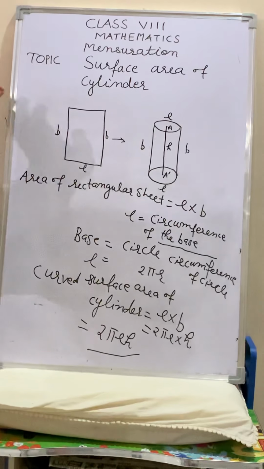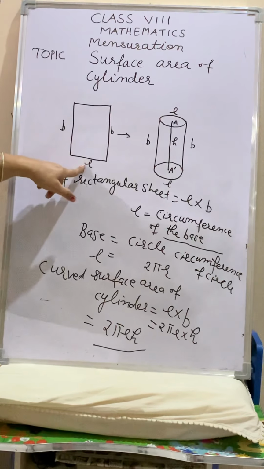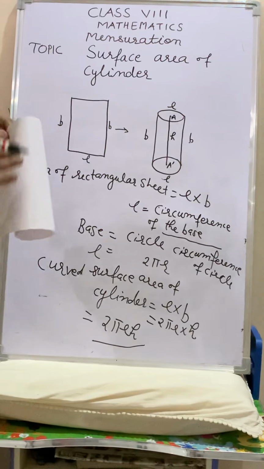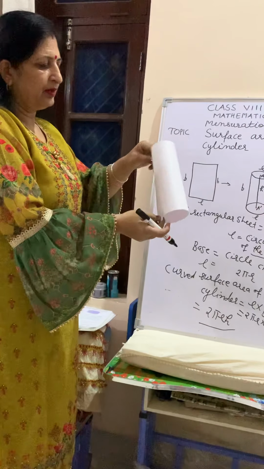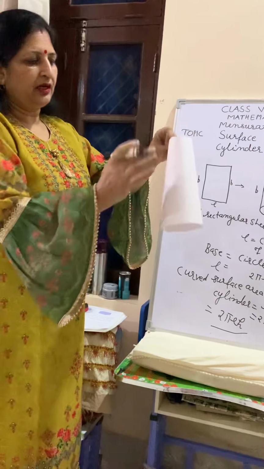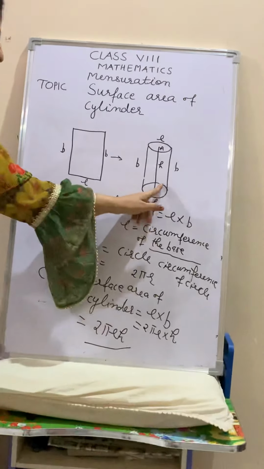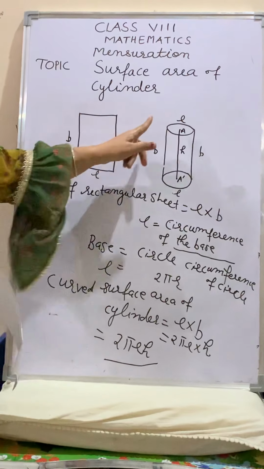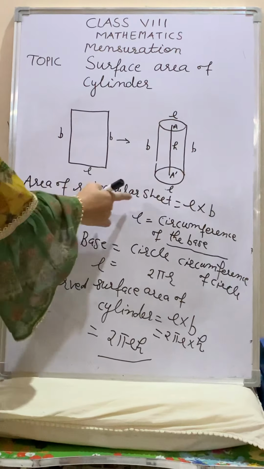Again, understand this. It is the rectangular sheet. Length is L, breadth is B. When I fold this in front of you, it makes a hollow cylinder. No end is closed. This is L. It is also L, and it is B. Now, what is the area of the rectangular sheet?